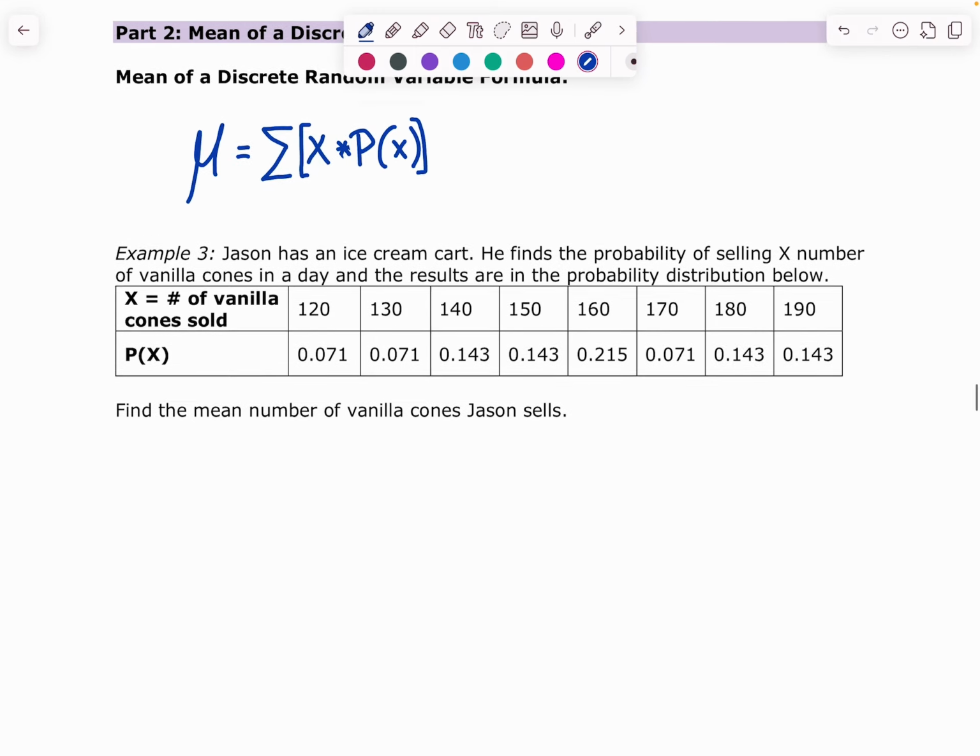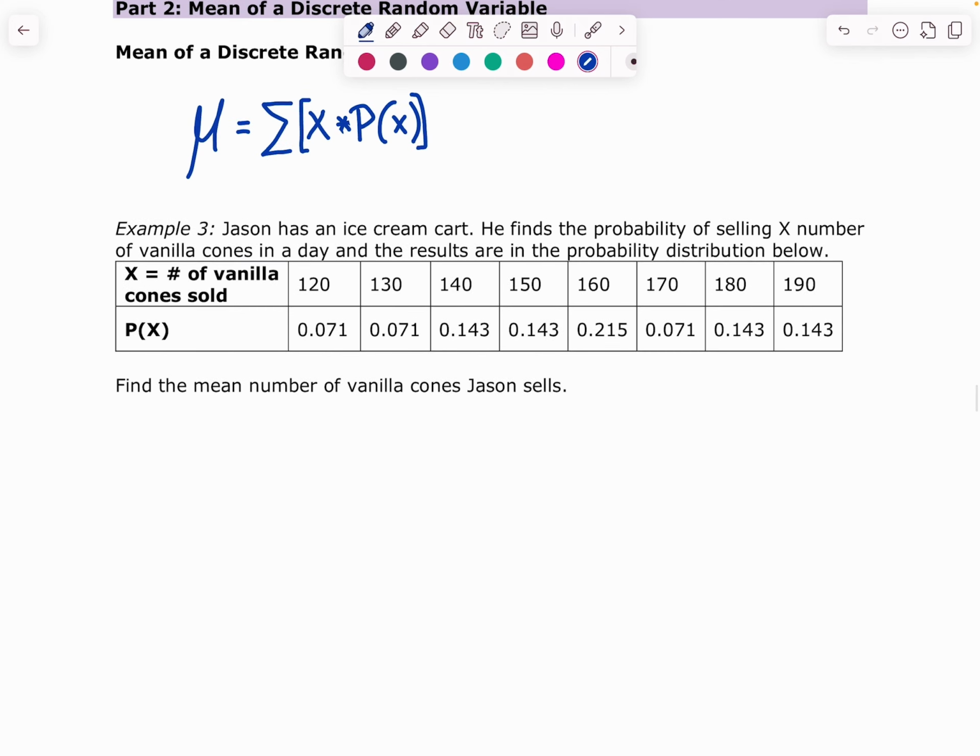So looking at an example, Jason has an ice cream cart. He finds the probability of selling X number of vanilla cones in a day, and the results are in the probability distribution below. So the random variable X represents the number of vanilla cones that Jason was able to sell. Each of these numbers was rounded to the nearest 10.